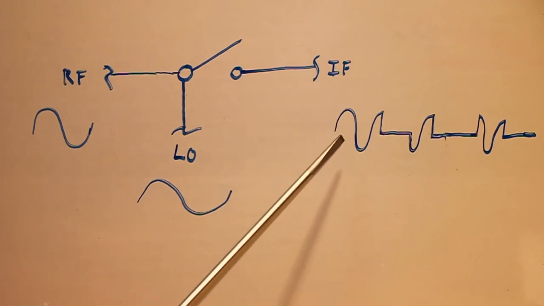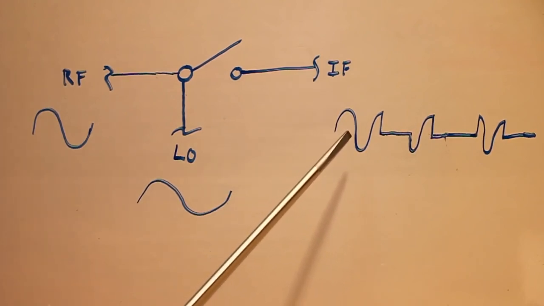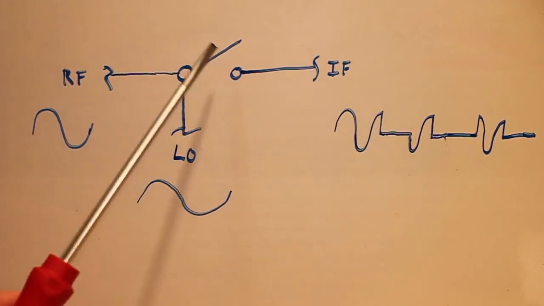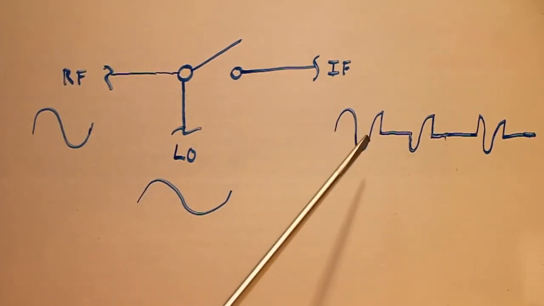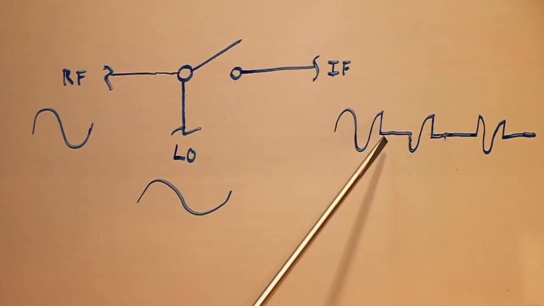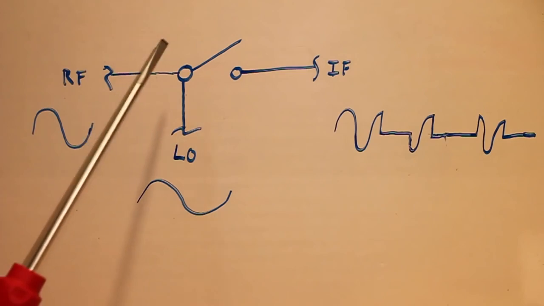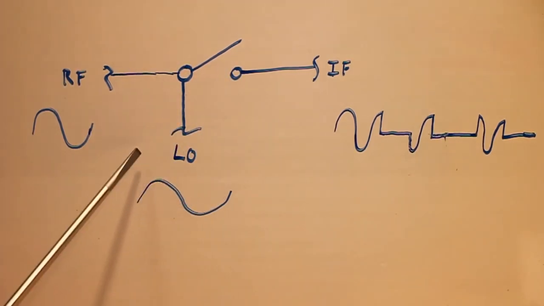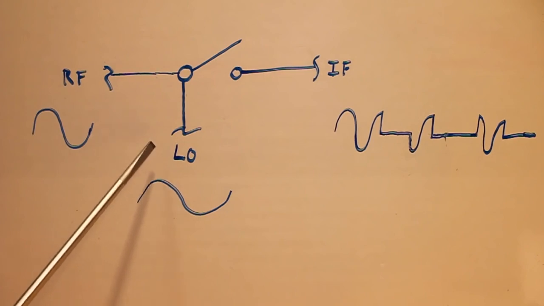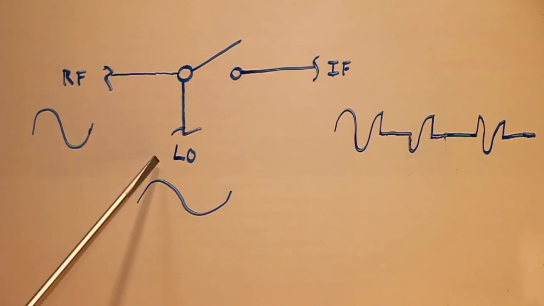You can see this is effectively multiplying by 1 and 0. When the switch is on, it's multiplying that RF signal by 1, and when the switch is off, it's effectively multiplying the RF signal by 0. It's this multiplication using a switch at the rate of the local oscillator's signal that provides us that sinusoidal multiplication we need.